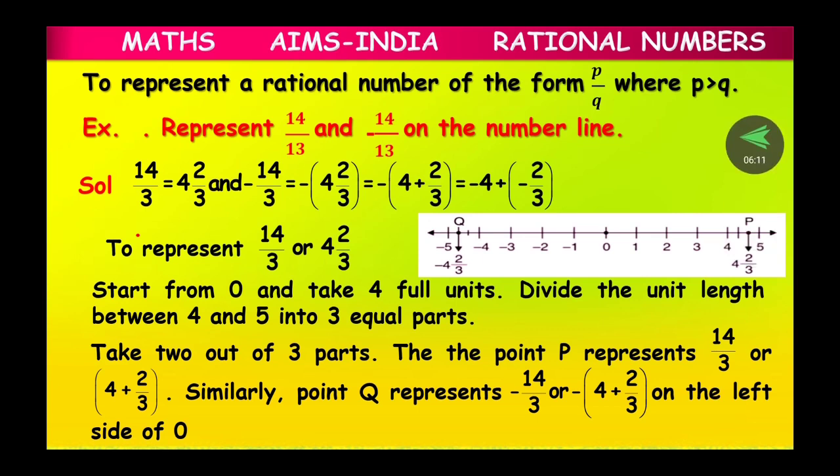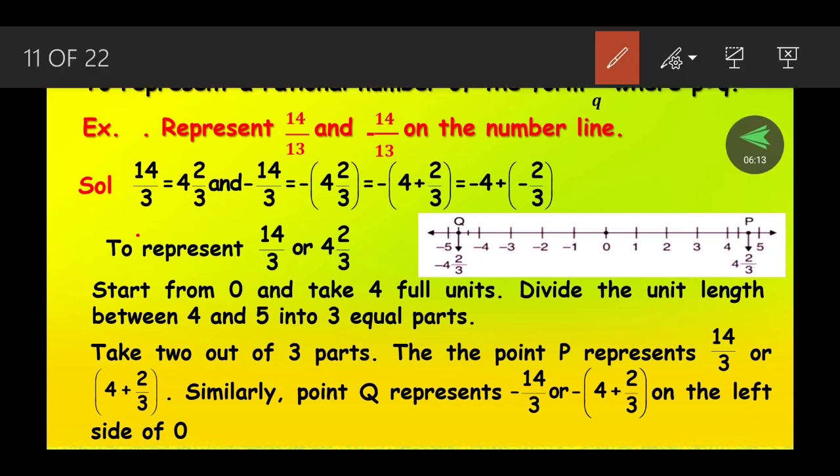Let's see this example, children. So here 14 by 3 is there. After changing into mixed fraction, what we will get? 4 2 by 3. Minus 14 by 3 is minus 4 2 by 3.